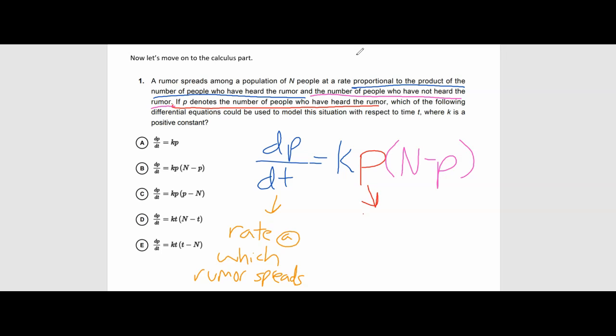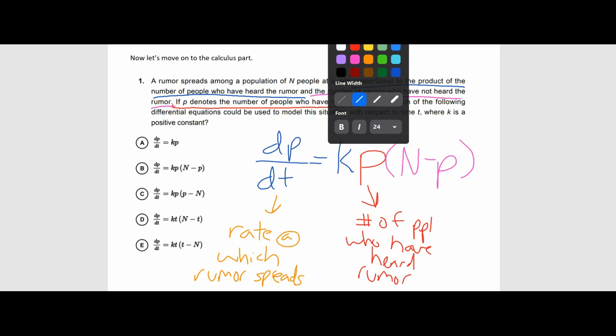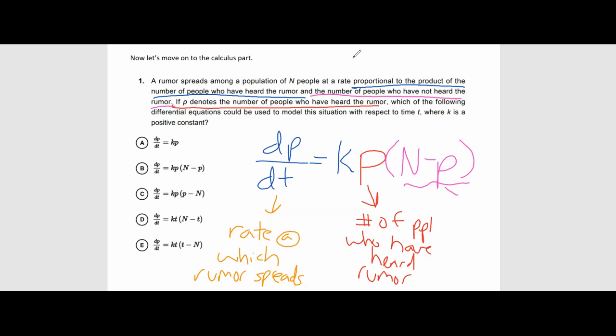P, number of people who have heard the rumor, and n minus P, number of people who have not heard the rumor.